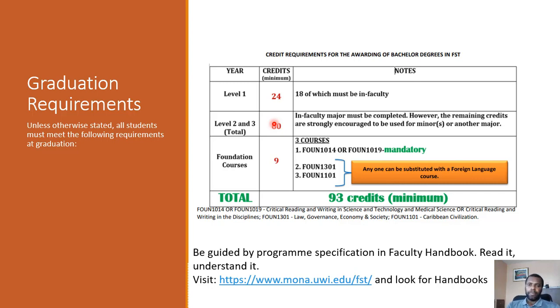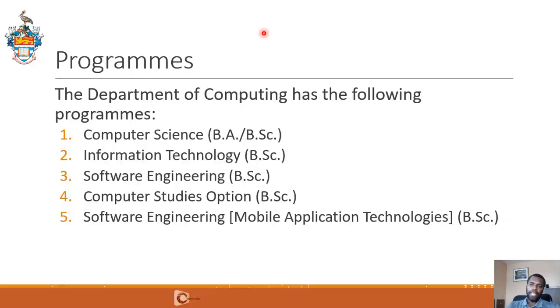Okay. So, as you are aware, the Department of Computing has programs in computer science, BA and BSc, information technology, and software engineering. We have 2 software engineering programs: the 3-year software engineering general, and the 4-year mobile application technologies program. And then there's also the computer studies option.